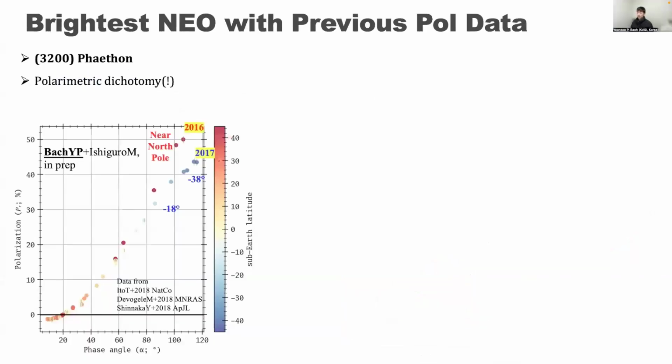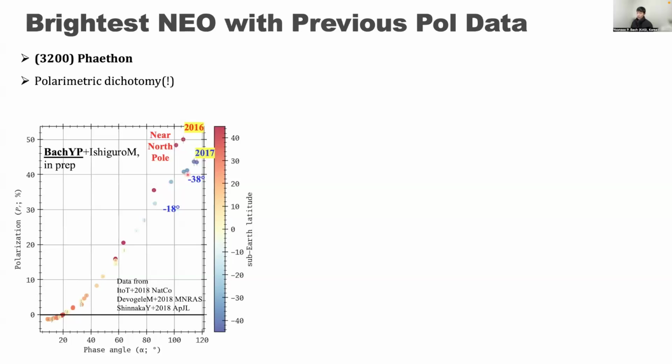From the polarization viewpoint, this object is also a very interesting object. In 2016, we conducted an observation campaign to obtain the polarization of asteroid Phaethon at very high phase angle, and we obtained 50%. These data were published in Nature Communications. In 2017, an independent group reported that the polarization degree was around 40%.